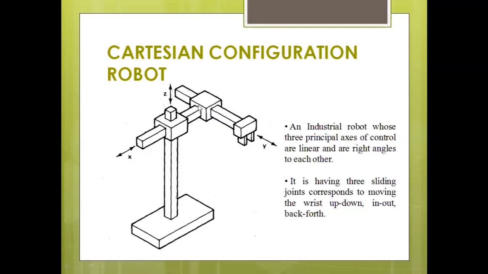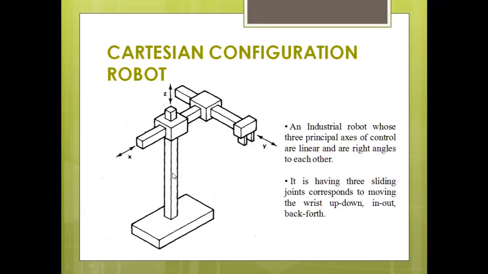All three principal axes are perpendicular to each other. It has three linear joints. Just observe here, this is one linear joint, this is another linear joint. Yes, it gives three linear motions.